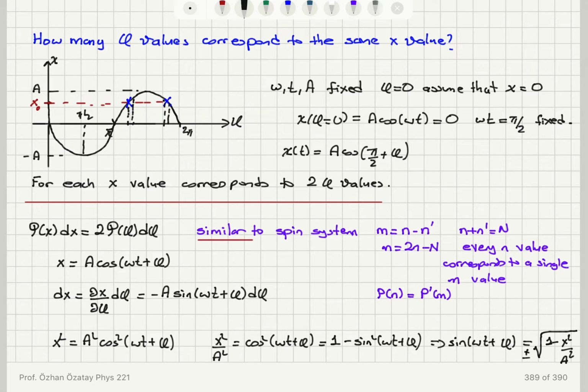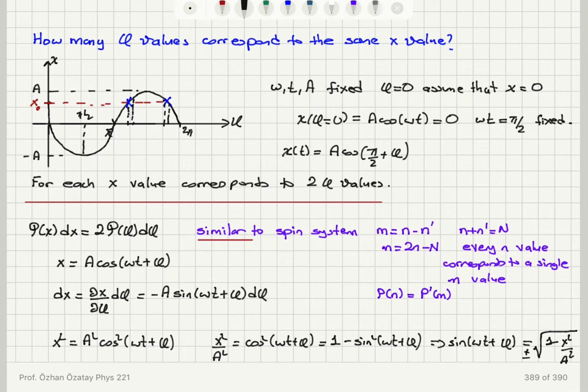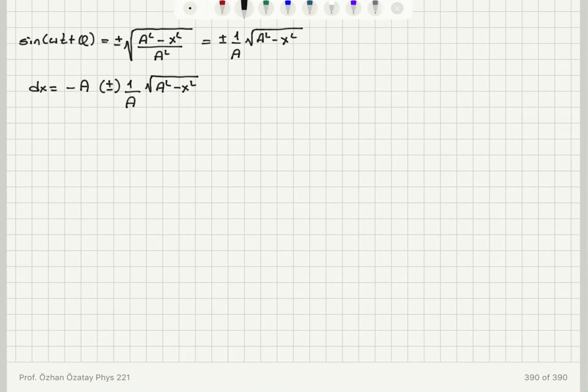This is what I can write in terms of x. So therefore I see that dx is equal to minus a times plus or minus 1 over a square root of a square minus x square d phi.